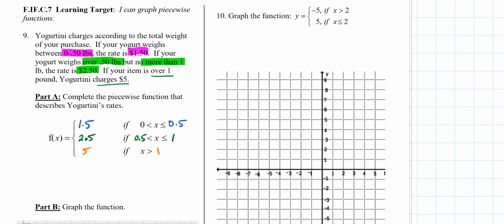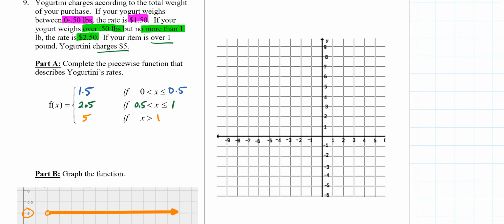So -5 is a horizontal line through -5. And then the other line was +5. So there's my two lines.